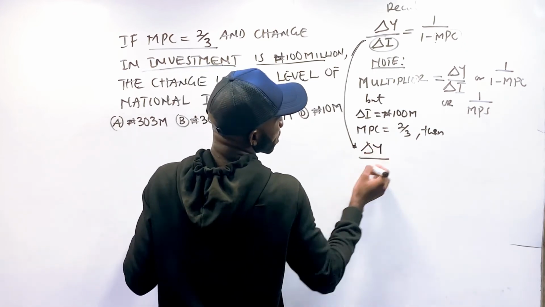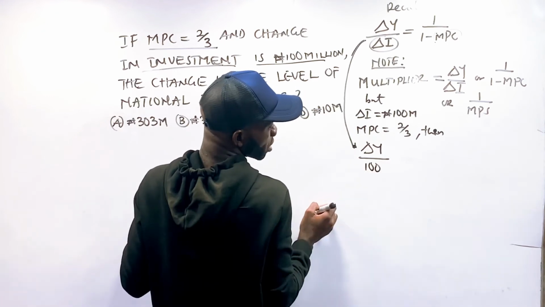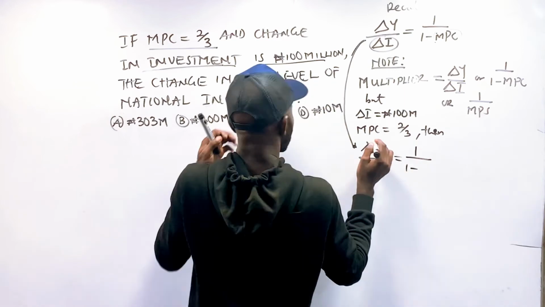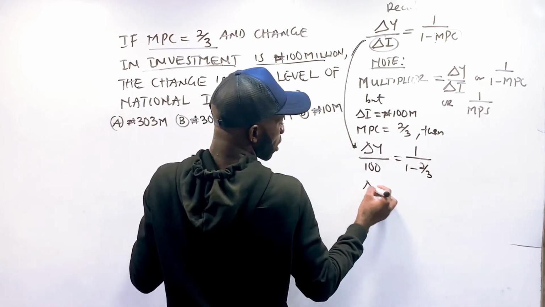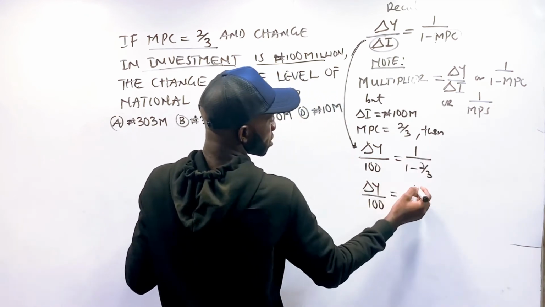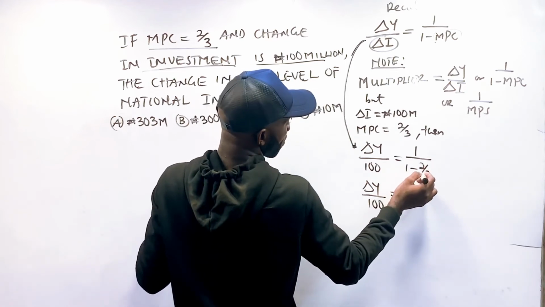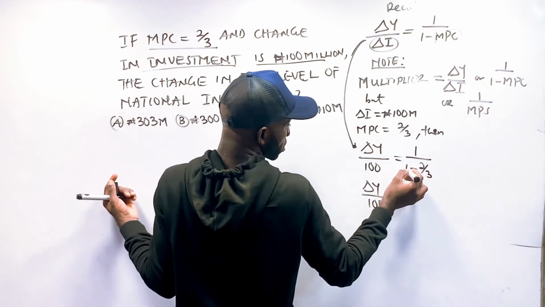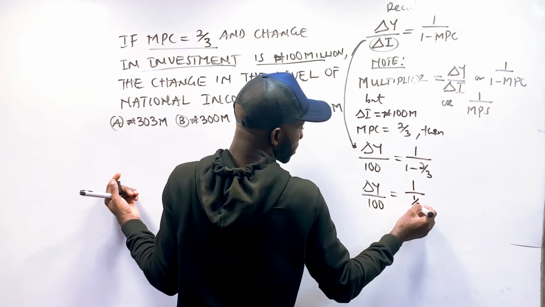So bringing this back, we can now say change in Y, which is income, over 100 is equal to 1 over 1 minus, my MPC is 2 over 3. If I put up the mathematical knowledge to this, we have 1 over, instead of finding the LCM, we can actually go straight by doing 3 times 1, that's 3, minus 2, that gives us 1 over 3.